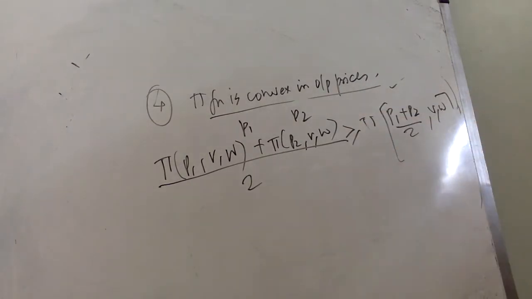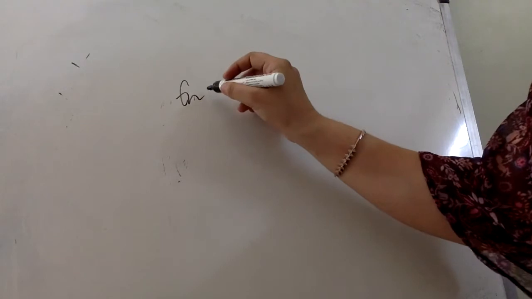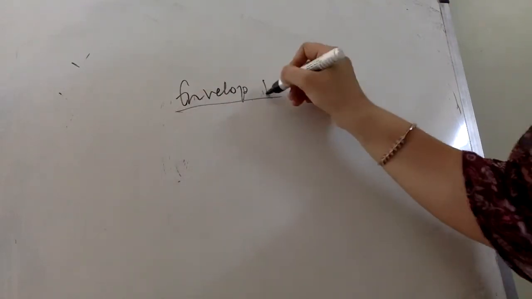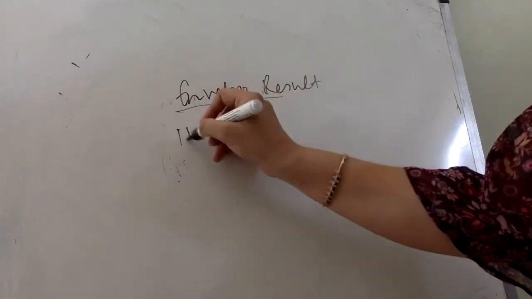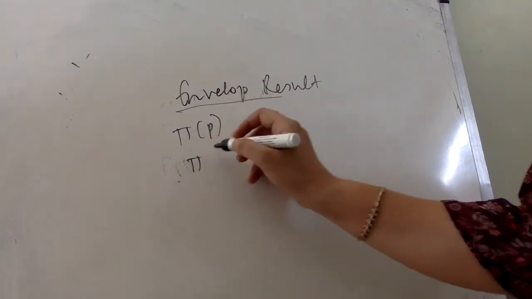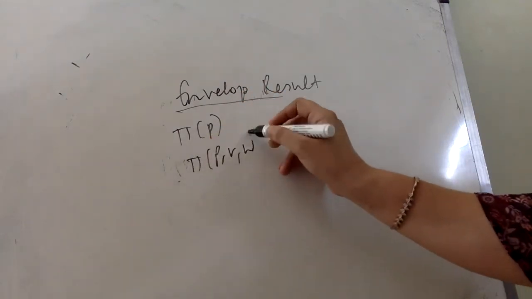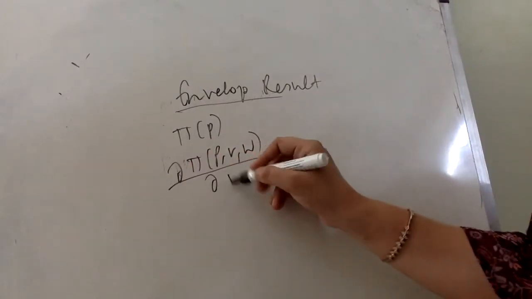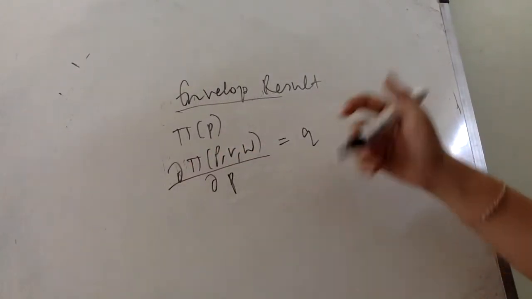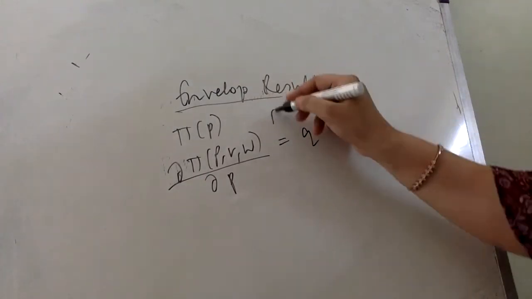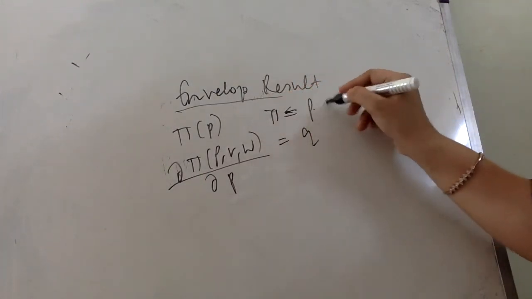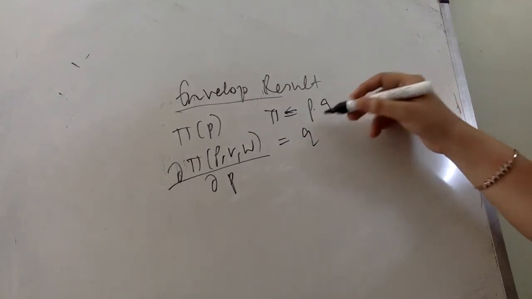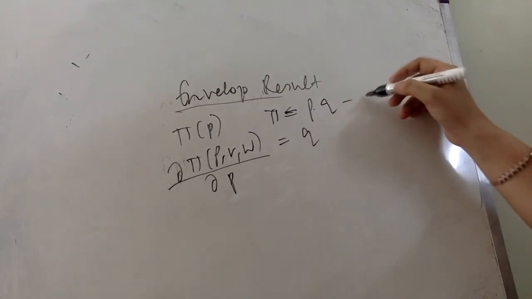Okay. Next concept is the envelope result. Again an important result. So what exactly is the envelope result? We have profit as a function of price, so I write profit as a function of P, V, W. And if we differentiate the profit with respect to price, we get Q, because profit is equal to P times quantity, revenue, minus total cost.